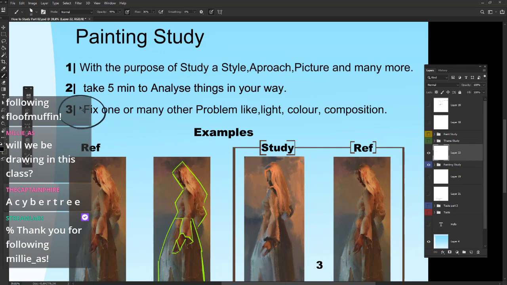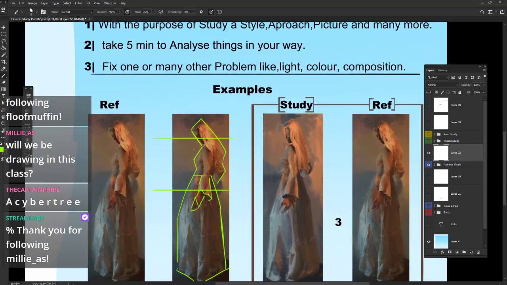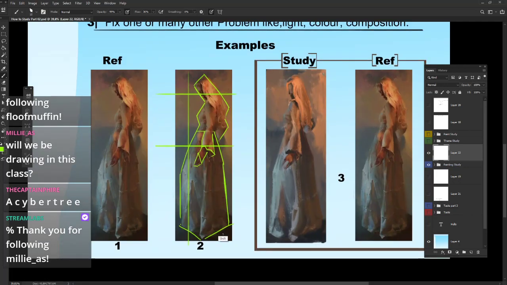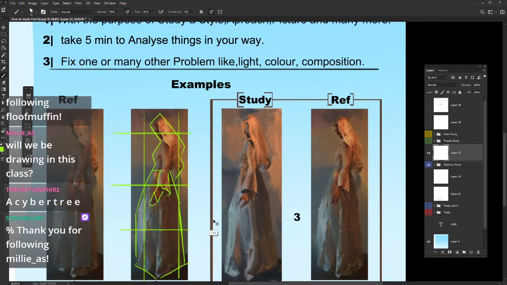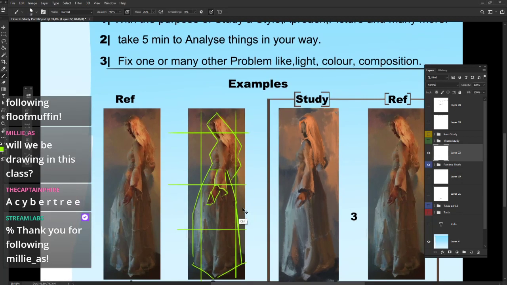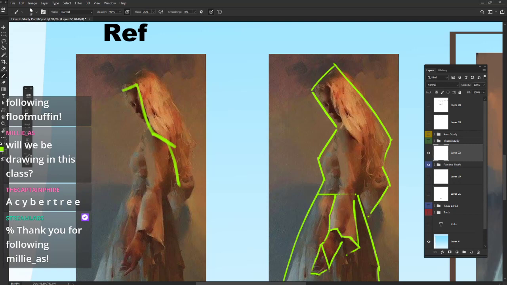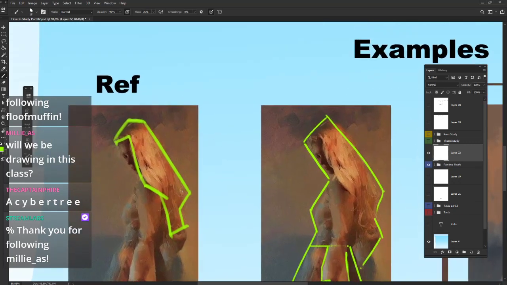As I said, fix one or many other problems like light, color, composition, even the composition part of it, which is one here, and this is the perspective, which fixes a lot of things in terms of composition. When I look at the rule of thirds and break it down like this, or I can also study just the hair, for example, to see how it works in terms of shapes and how I can approach it.